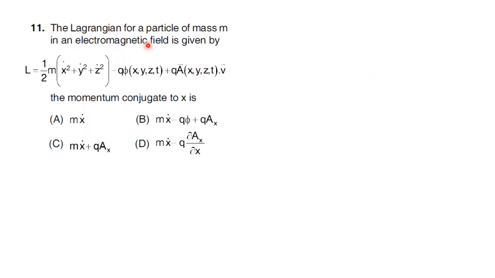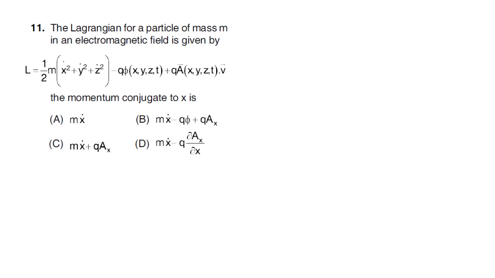The Lagrangian for a particle of mass m in an electromagnetic field is given by L is equal to m by 2 (ẋ square plus ẏ square plus ż square) minus qφ, that is dependent on x, y, z and t, plus q A, that is dependent on x, y, z, t, dot velocity v. The momentum conjugate to x is.